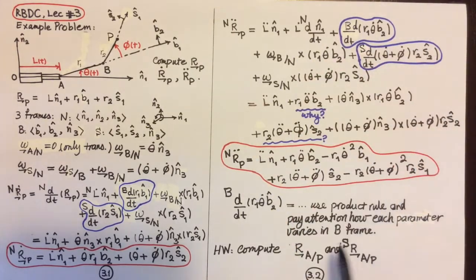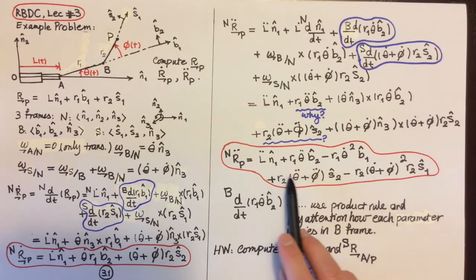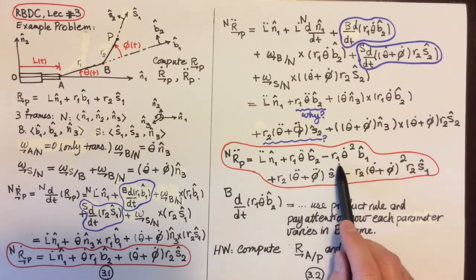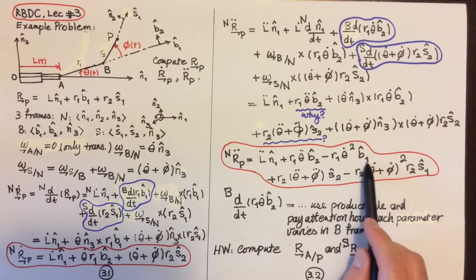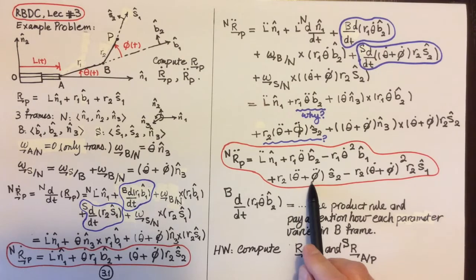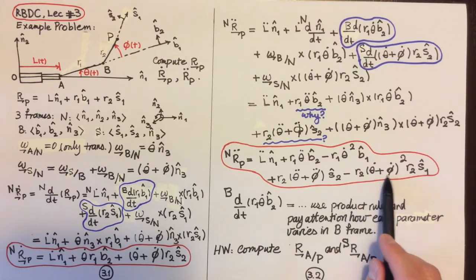So simplify the whole thing and I end up having L double dot N1 hat plus R1 theta double dot B2 hat minus R1 theta dot squared B1 hat plus R2 theta double dot plus phi double dot S2 hat minus R2 theta dot plus phi dot squared S1 hat.